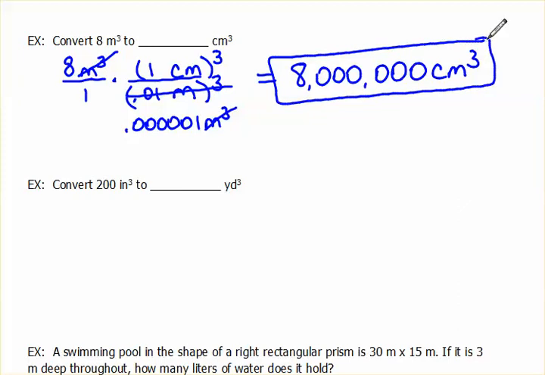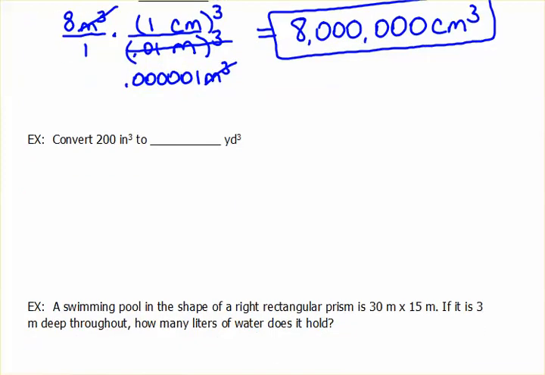Okay. All right, now let's try another one and see if we're getting the hang of it. This says convert 200 cubic inches to cubic yards. So again, we're going to start off with what we're given, which is 200 inches cubed, and put that over 1. And now we don't want inches, so we're going to put that on bottom.